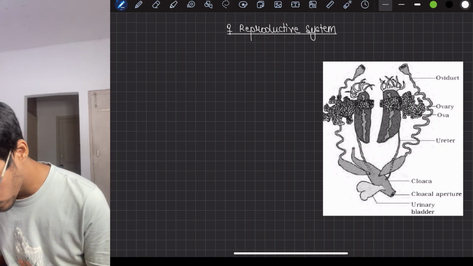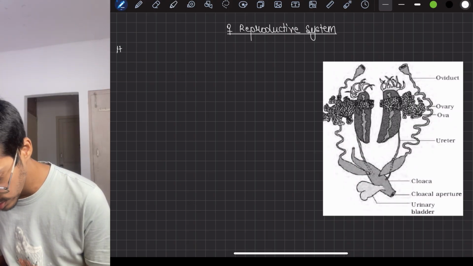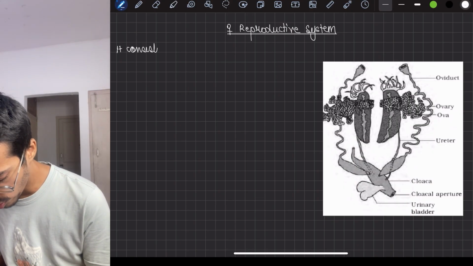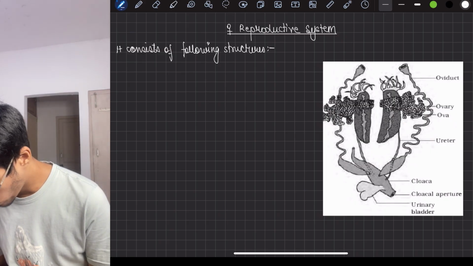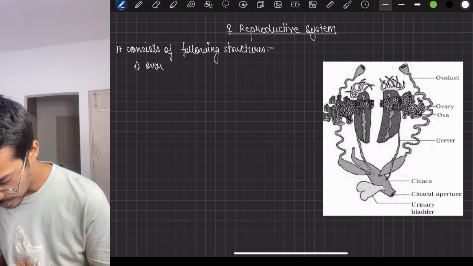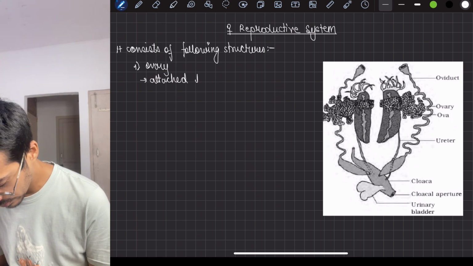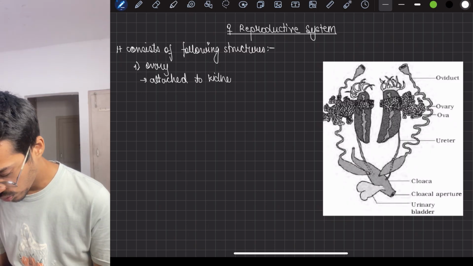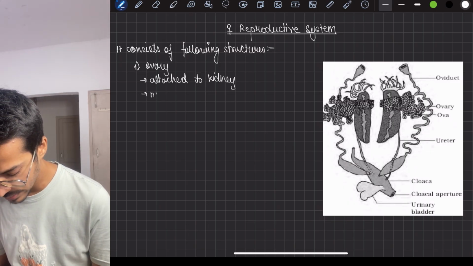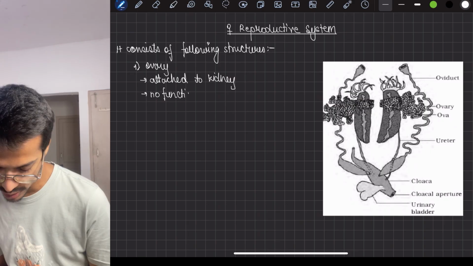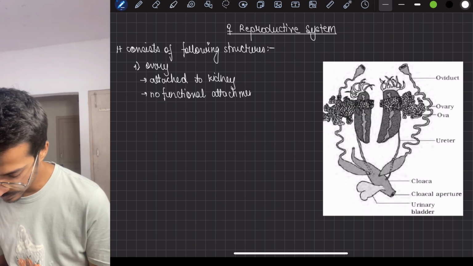So what are the structures? It consists of the following structures. So what are they? It has ovary. It is attached to kidney, no functional attachment to oviduct.